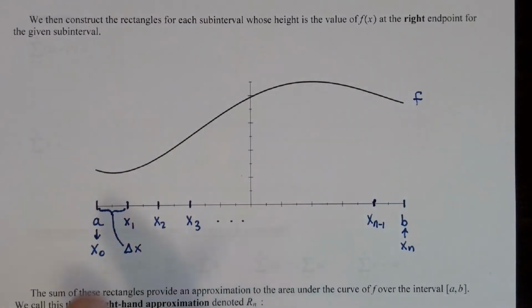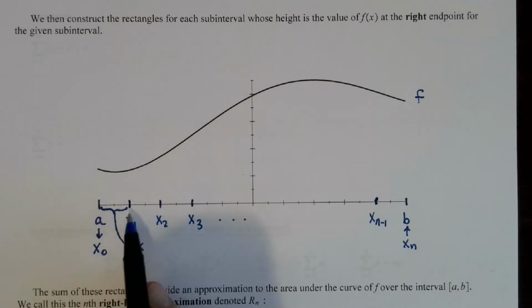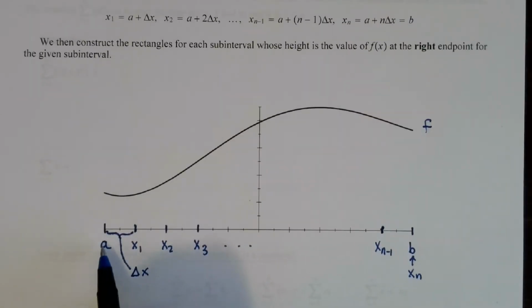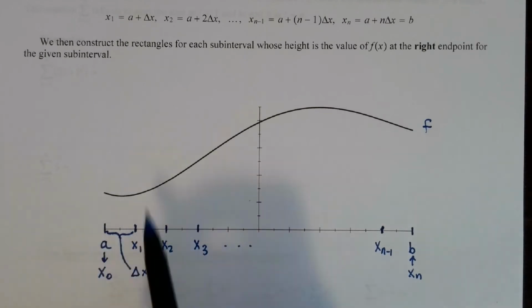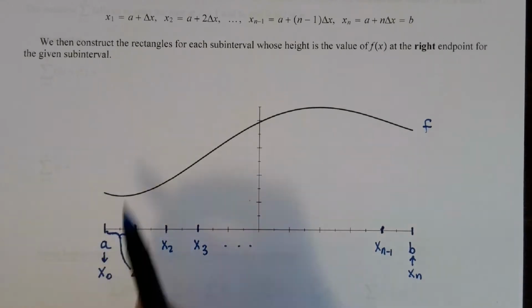And so you can see on the first interval from x of 0, or a, to x of 1, the right-hand endpoint is x of 1. And I can express x of 1 in terms of a. It's a plus delta x. x of 2 is a plus 2 delta x.